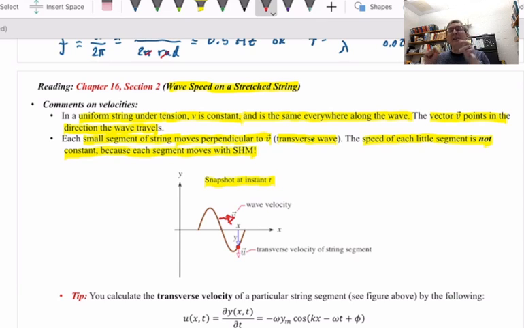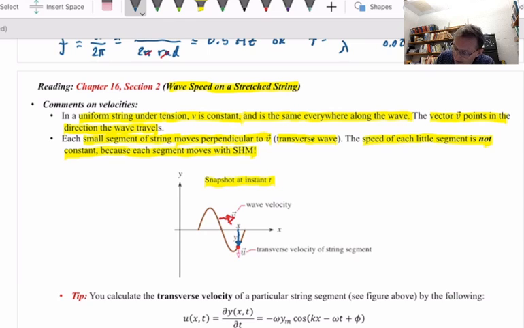So my wave is an infinite number of simple harmonic oscillators, and each one is connected to one neighbor on its left and one neighbor on its right. Now you see why we had to do oscillations in chapter 15 before waves. Look at this little piece of the rope with the red dot at this snapshot t. First of all, this downward arrow labeled y is just the y displacement of that piece of string.